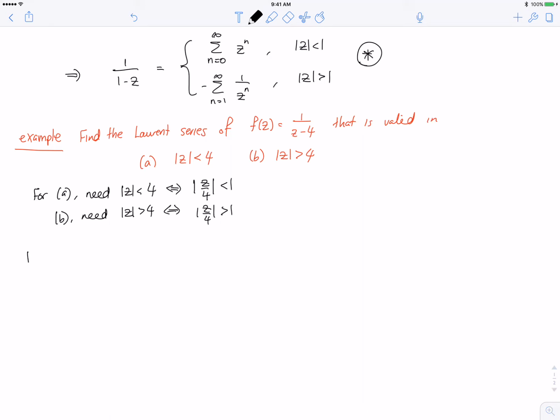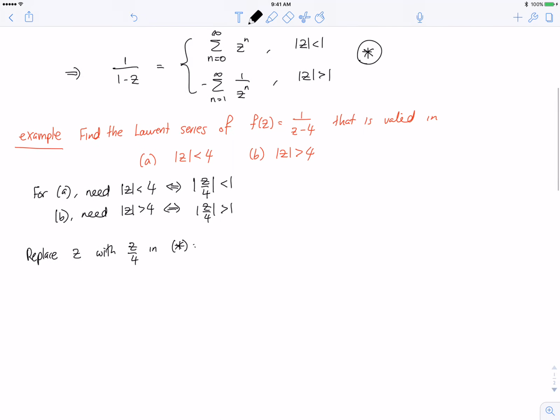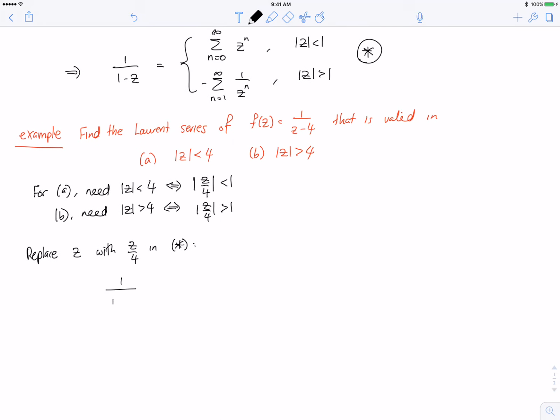So if I replace z with z on 4 in asterisk, what do I get? I get 1 on 1 minus z on 4. Now in the top case, if I replace z with z on 4, that just becomes z on 4 to the power of n, where the modulus of z on 4 is less than 1.